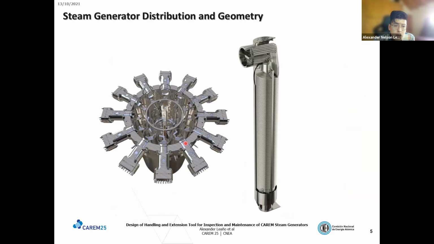Here we can see the distribution: 12 identical steam generators with 52 tubes each, placed equidistant from each other. Among the inspection tasks, one of the main ones is to inspect these tubes in order to check their integrity.